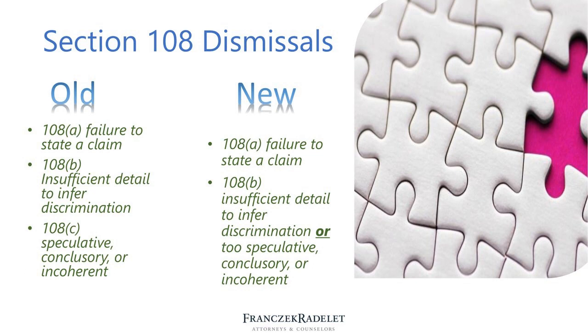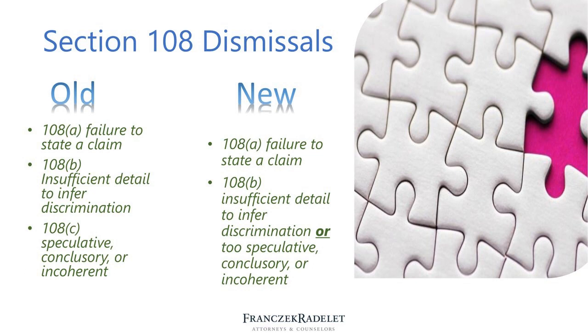One thing that changed is that there used to be two separate sections of the CPM that allowed dismissal in both cases where there really wasn't enough detail to infer discrimination. It used to be under 108B and 108C.